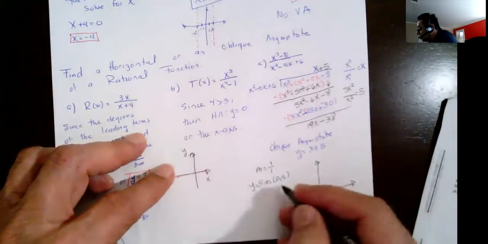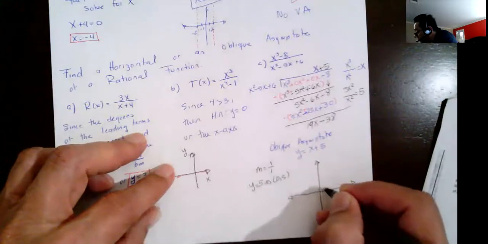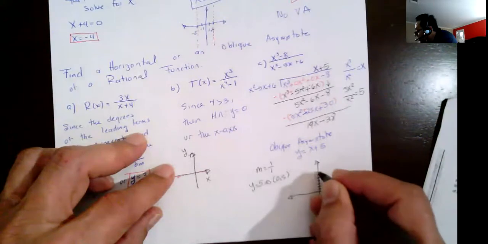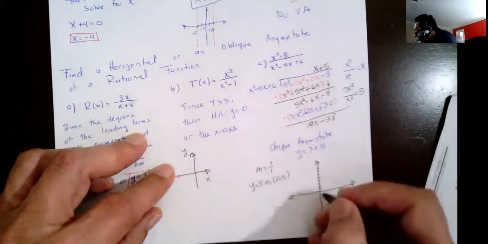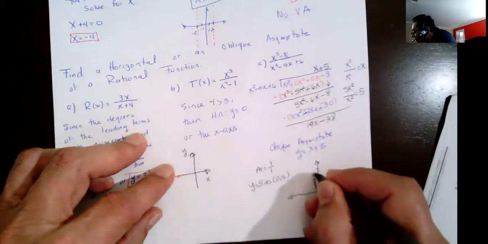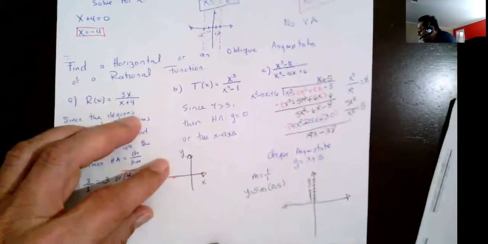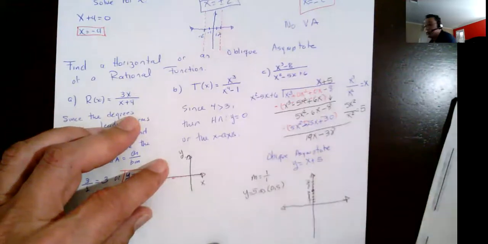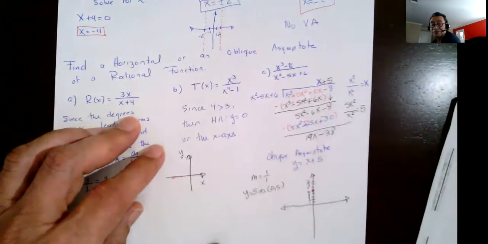So let's start with (0, 5). Let me scale it here: 1, 2, 3, 4, 5. I start at 5 right there.